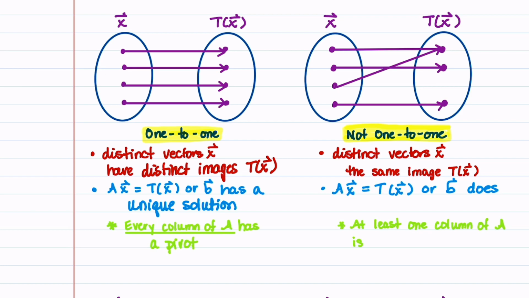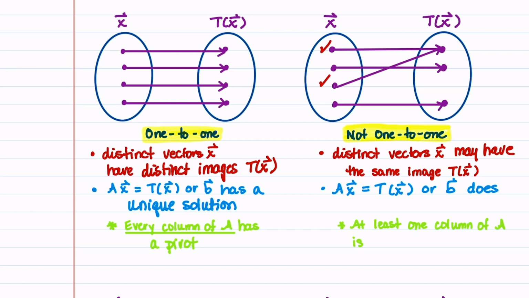If we have a transformation that is not one-to-one, distinct vectors in X may have the same image T of X. So you can see in our diagram, these two vectors have the same image T of X, but the other two vectors have different images.